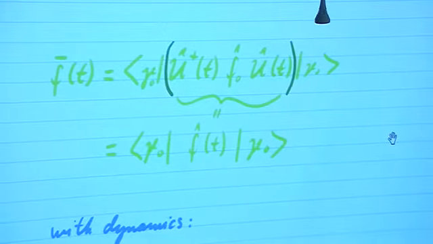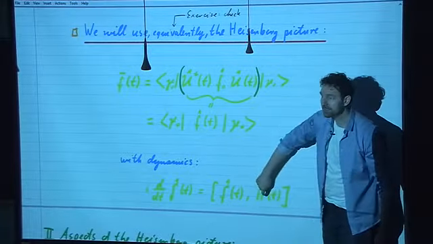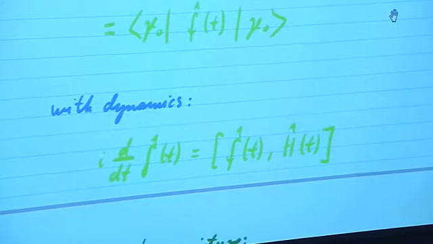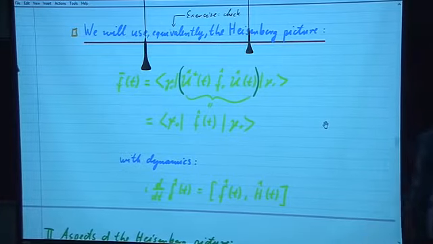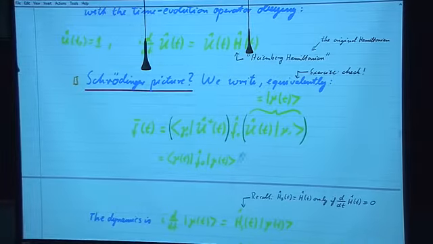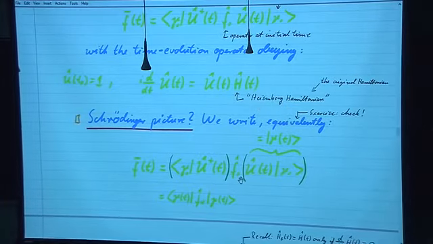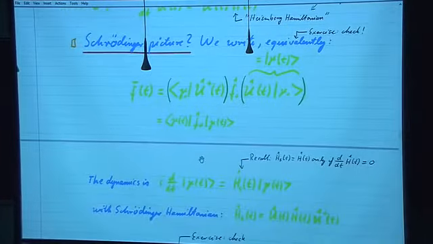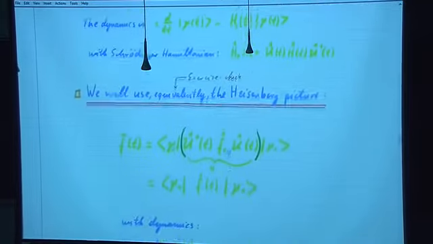And the dynamics is given by this, where h is the same h as the one that drove the unitary time evolution. It's this h, the Heisenberg Hamiltonian that we started with. The Heisenberg Hamiltonian, if you remember, is the Hamiltonian in which the operators are time dependent.